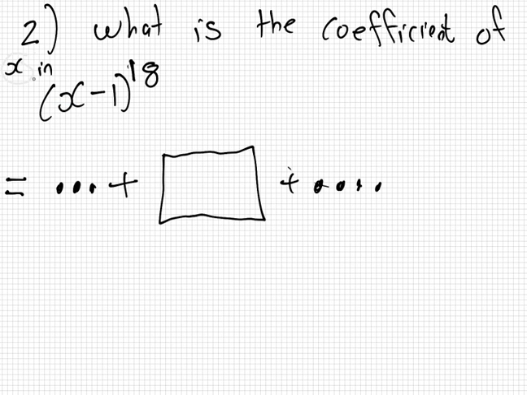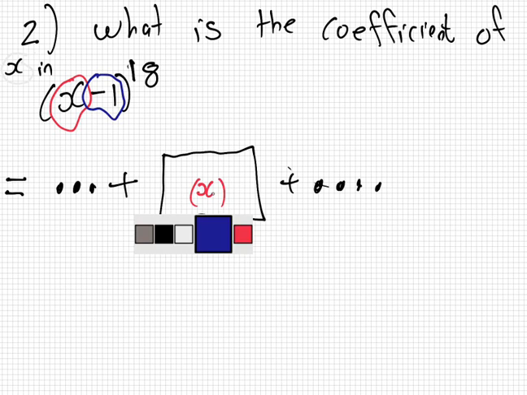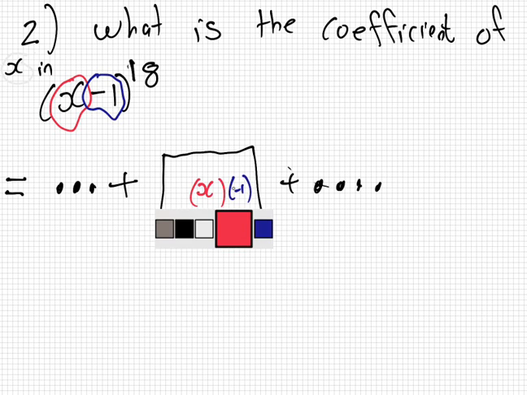So when I look at this, this has 2 parts, x and minus 1. So here we have x, and then we have minus 1. And then I have my C in the front. I'm going to remove this box, it's in my way.